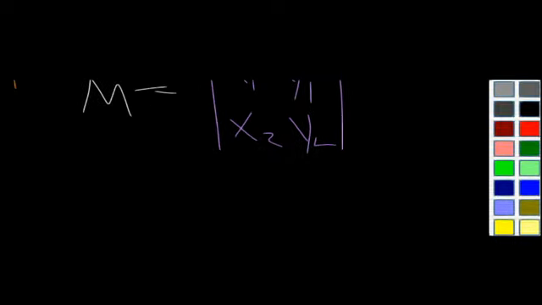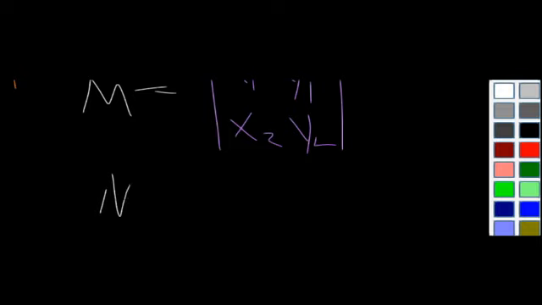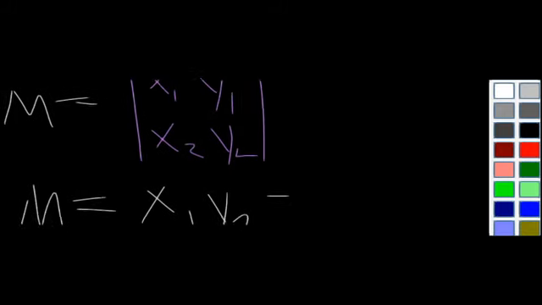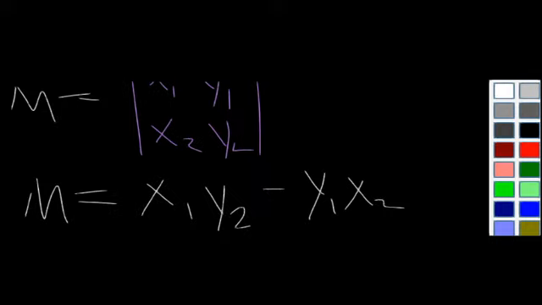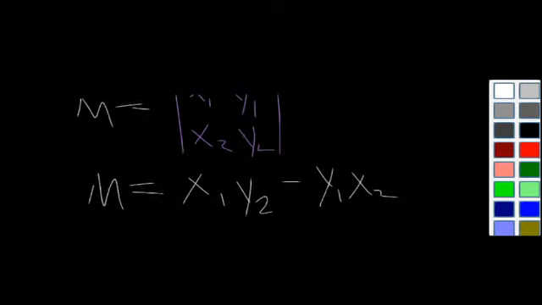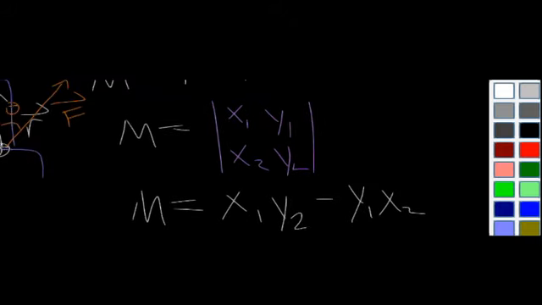So M, the moment, is equal to x1 times y2 minus y1 times x2. Now you might be asking me, hey, where is the direction?